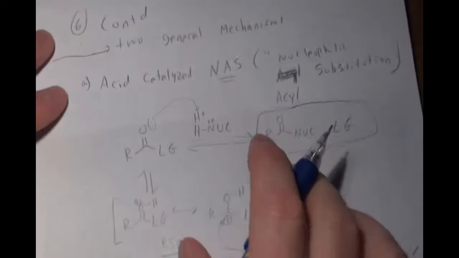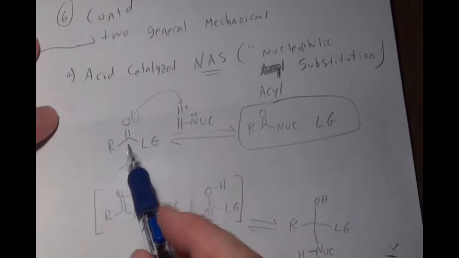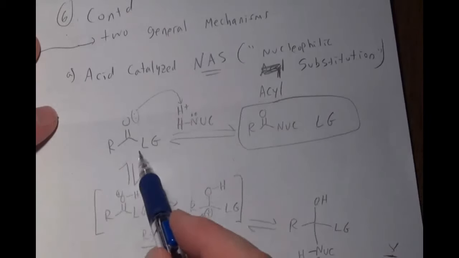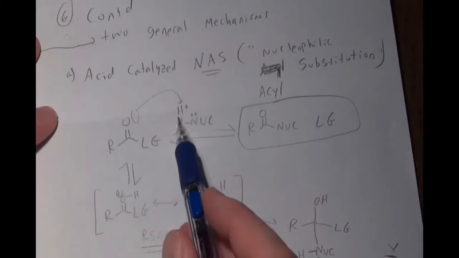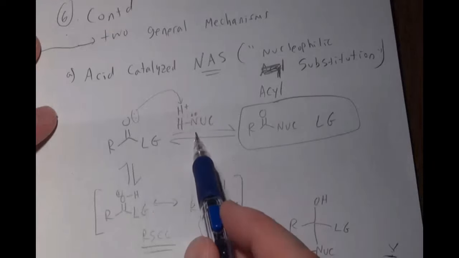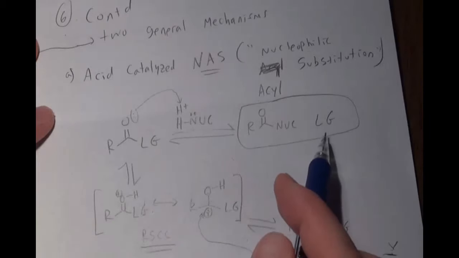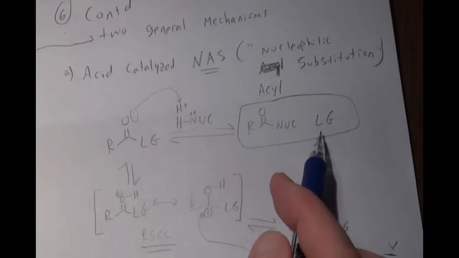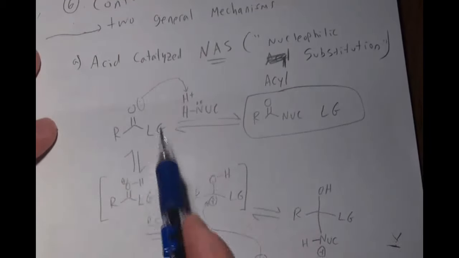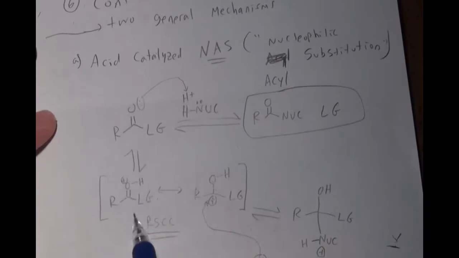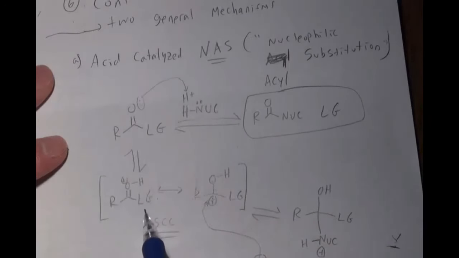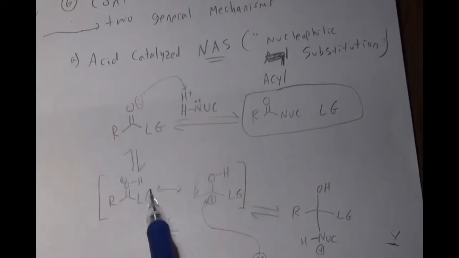Okay, let's start from the beginning again. So any of those derivatives with the leaving group reacts with acid plus H-nuc to give the final product, carbonyl nuc, and then the leaving group, okay? All right, and the first step was protonation of the carbonyl, so now we have an RSCC, protonated carbonyl, right?